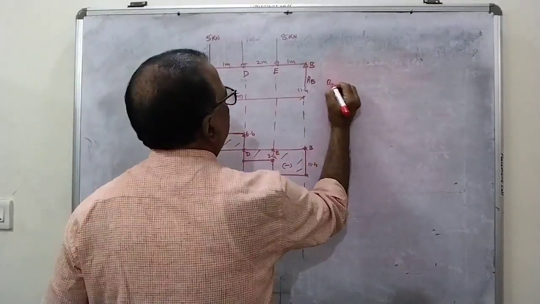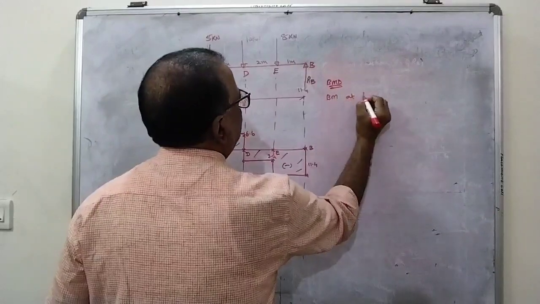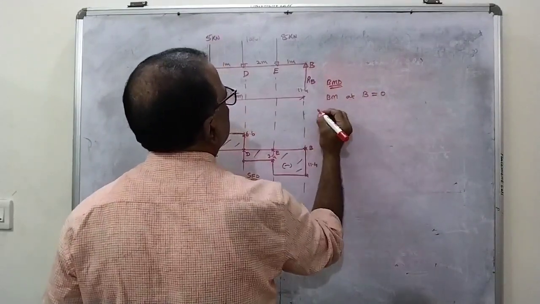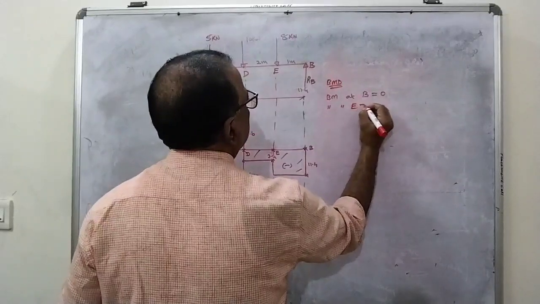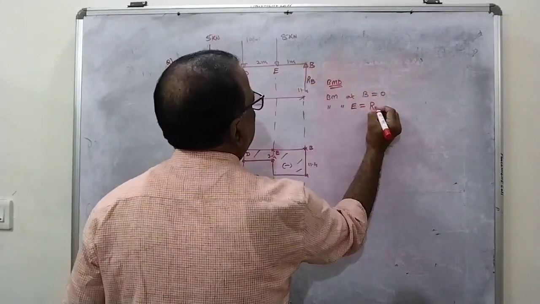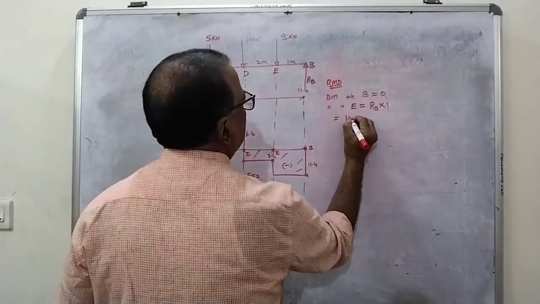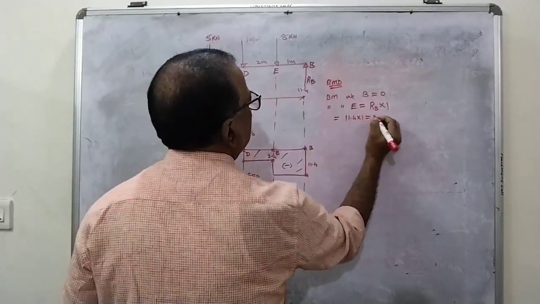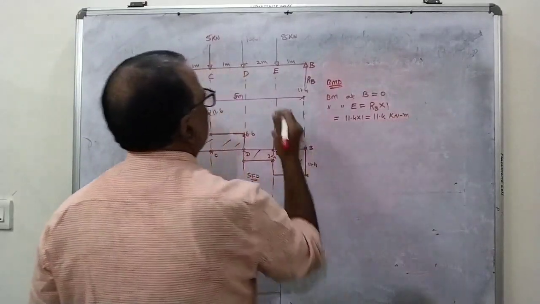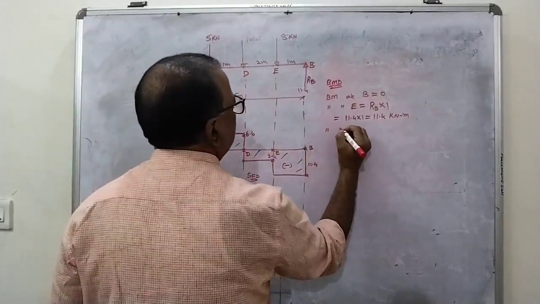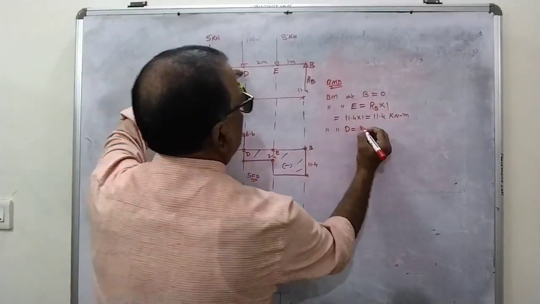If I draw the bending moment diagram, bending moment at B is equal to 0. Bending moment at E, RB into 1, that is equal to 11.4 into 1, that is equal to 11.4 kilonewton meter. Next, let us go to the next point. Bending moment at D means start from the beginning.